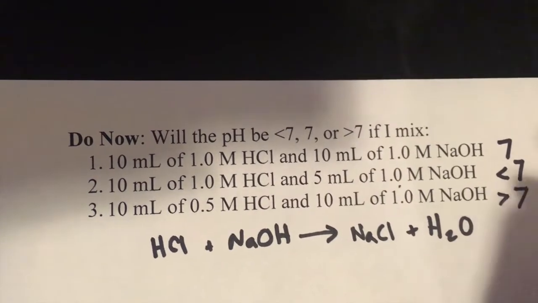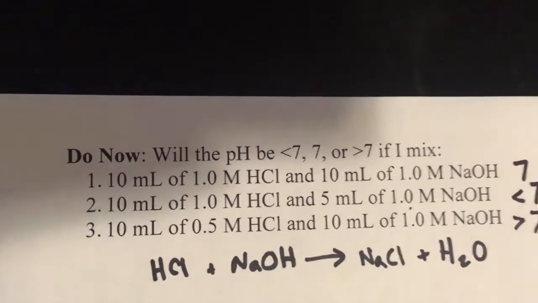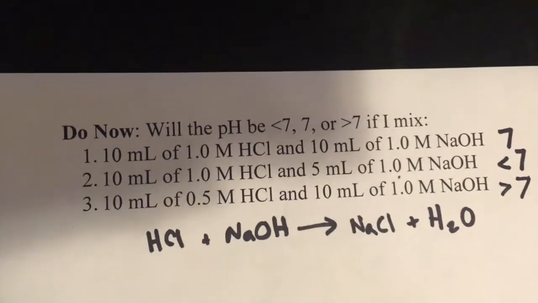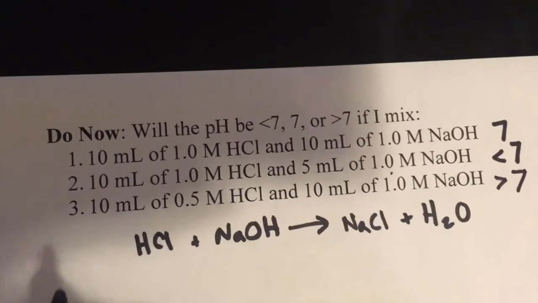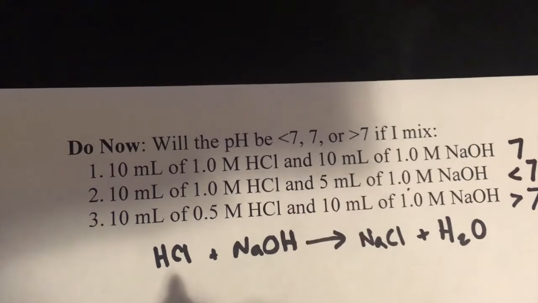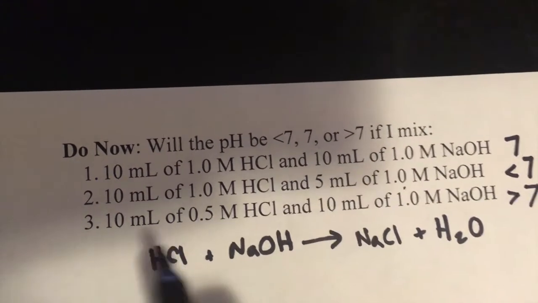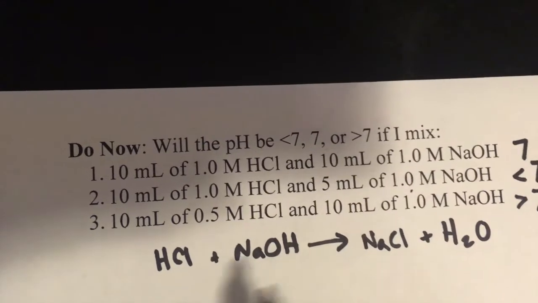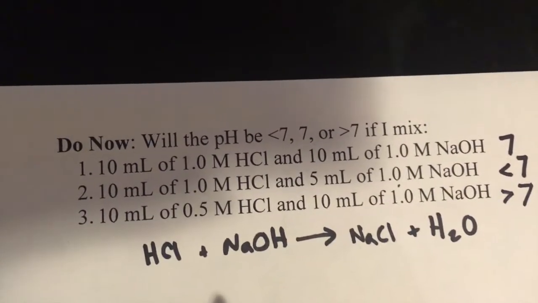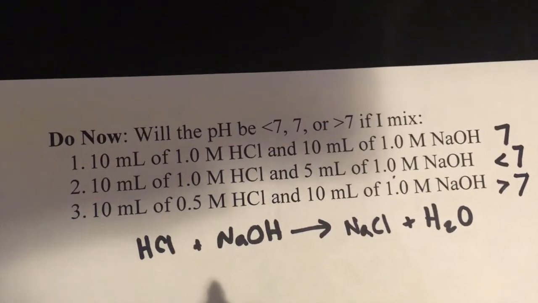So let's think about in general what has to happen in order to have a neutral solution, right? In order to get a neutral solution like number 1, you need to be adding equal amounts of HCl and NaOH. And when I say amounts, I don't mean volumes, right? In number 3, we had the same volume, but we had different concentrations, right? What matters is the actual number of molecules, or moles of molecules, that's added.